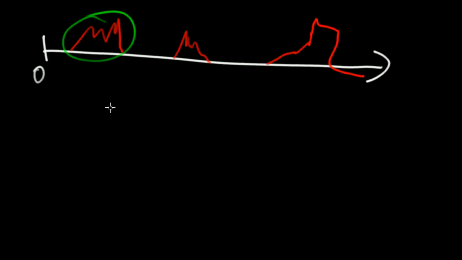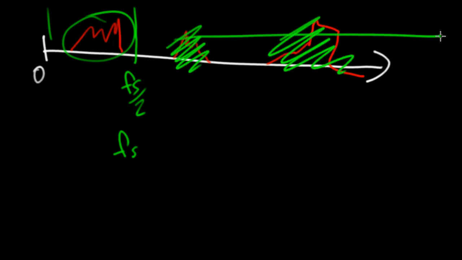Then the traditional thing to do is to find its highest frequency of interest, let's say we want to capture from here to there. We take this frequency and call that f of s over 2, and we're going to choose our sample rate that is twice that. So our sample rate is going to be f of s. And then we have to filter in the analog domain before we sample. We filter this out, and we filter this out. We filter out all this stuff to the right. In other words, we use a low-pass filter. The frequency response of the filter ideally would look something like this.